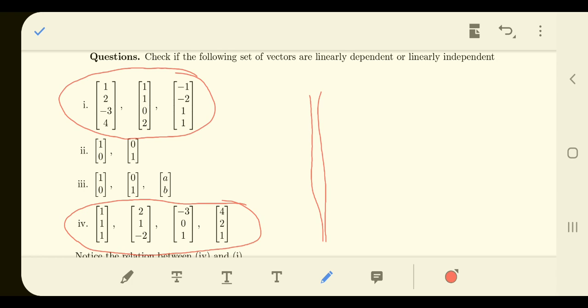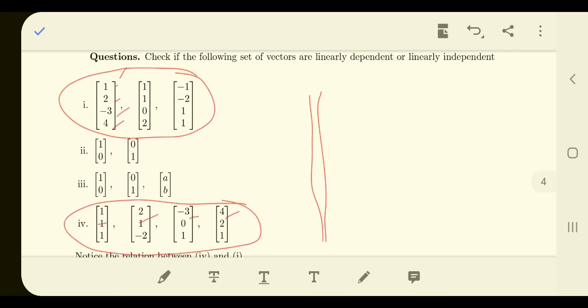Let's try these two examples at least to understand what is happening when we put the vectors in columns and when we put the vectors in rows. You can see all the vectors. This is the vector 1, 1, 2, minus 3 and 4 coming out here. This will give a bit of understanding of how things happen in both situations, when we put the vectors in the columns and when we put the vectors in the rows.